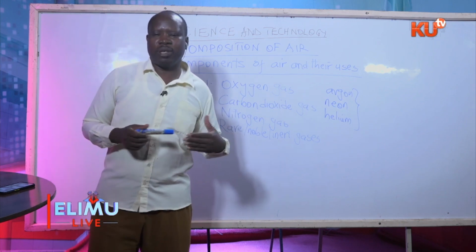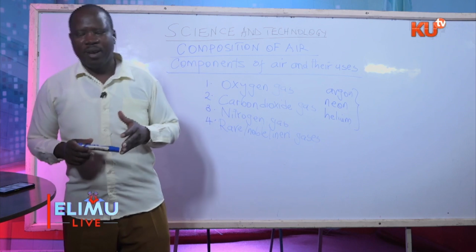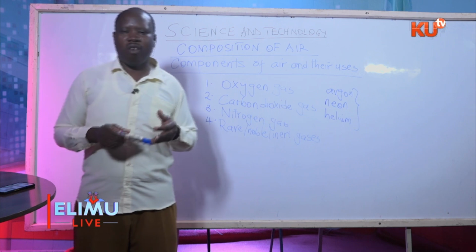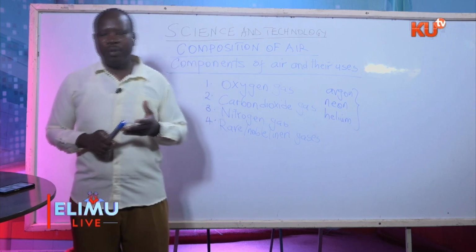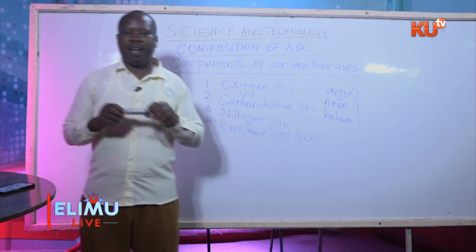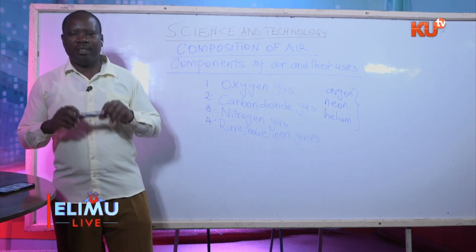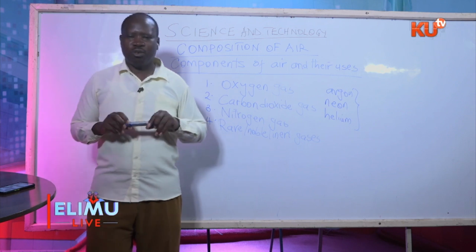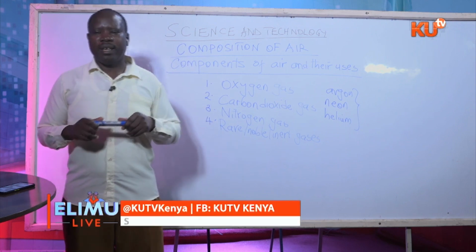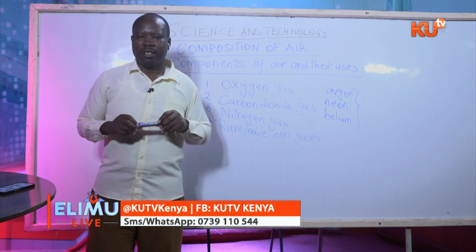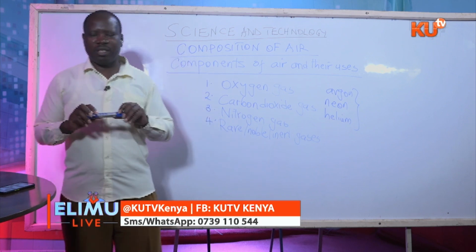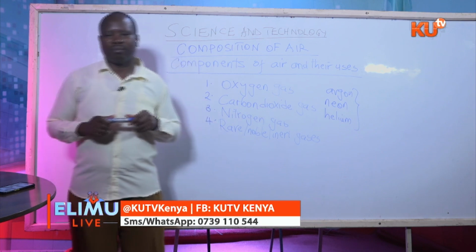Apart from the protein that we get from meat or from eggs, we have plants that give us protein. I've said earlier, we have beans, cowpeas, peas, and groundnuts. These are plants that contain nodules, and they use nitrogen to make proteins. So when we eat such plants, we get proteins. That has been the second use of nitrogen by plants.